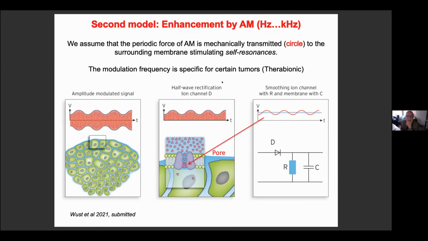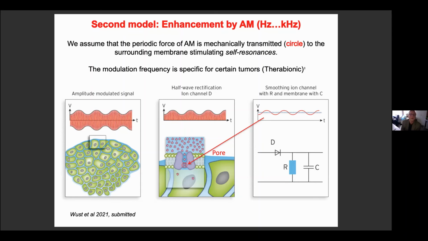And modulation frequencies have been found to be specific for certain tumors. This was a result of the application, the preclinical studies, and also clinical observations for the Terabionic device.